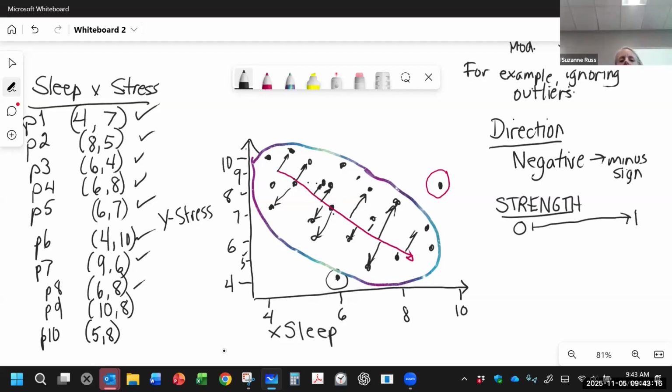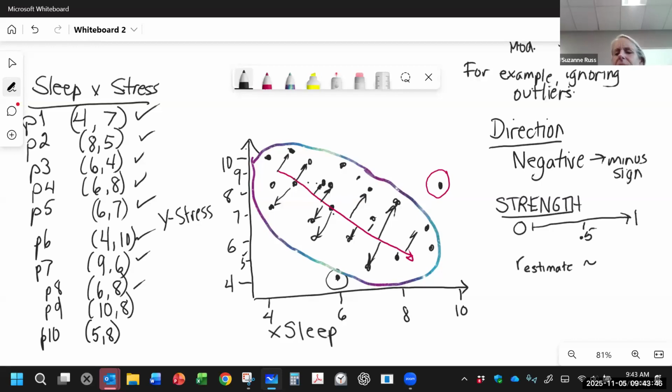In this example, if we don't think about the outliers, this is probably a moderate relationship. I would estimate, I'm going to use this little approximately sign. Usually it's done with the equal sign underneath it, but since that's hard to get to in Excel without having to insert a symbol, we'll just use that top little, I don't even know what that's called.